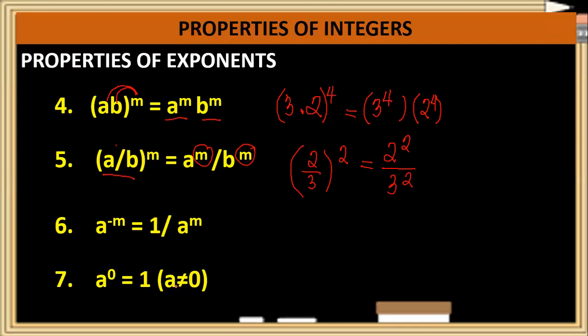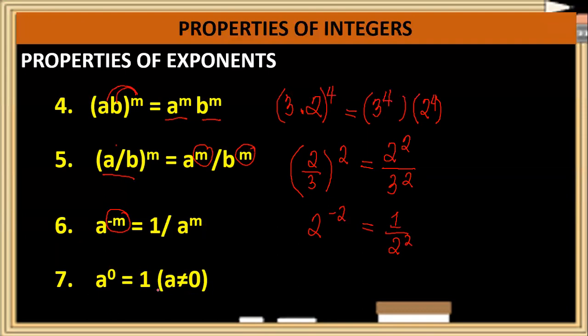Number 6 is the fraction exponent. Usually, when the exponent is negative, we can make it positive by turning it into a fraction. For example, 2 where m is negative 2 is also equal to 1 over 2 raised to exponent 2.